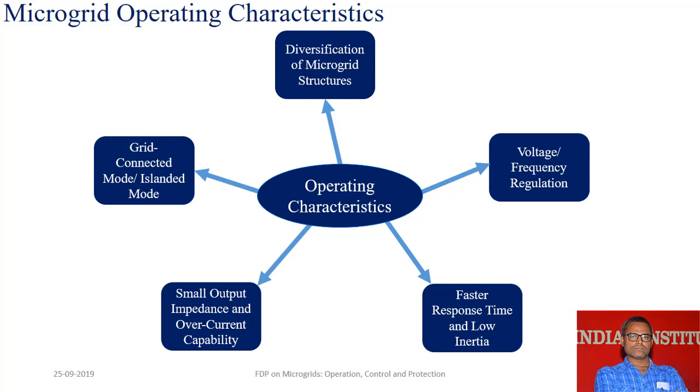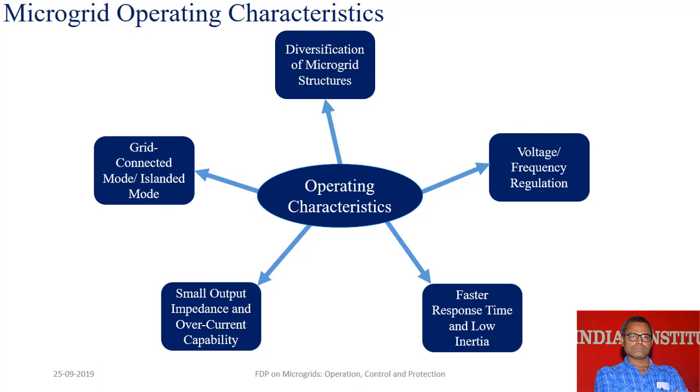Because we know microgrids consist of power electronic switches, they have very little inertia compared to the utility grid. The utility grid is connected to synchronous generators, which have very high inertia. Those who have studied power systems know that the inertia of the generator or the system plays a very important role in power system stability, right? If the inertia increases, the system becomes more stable.